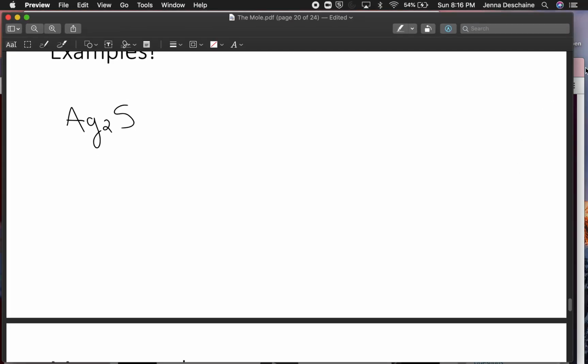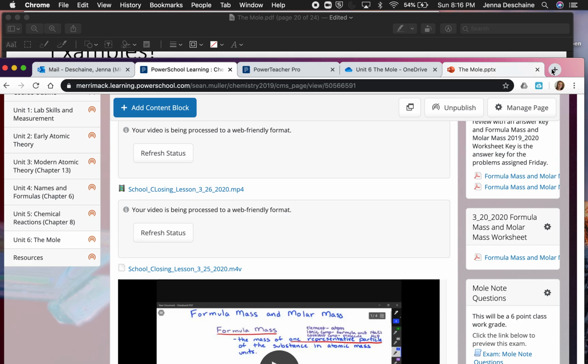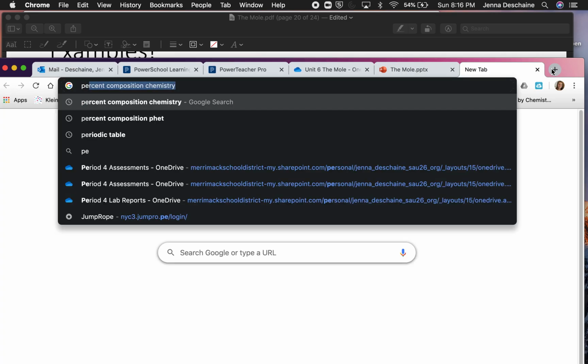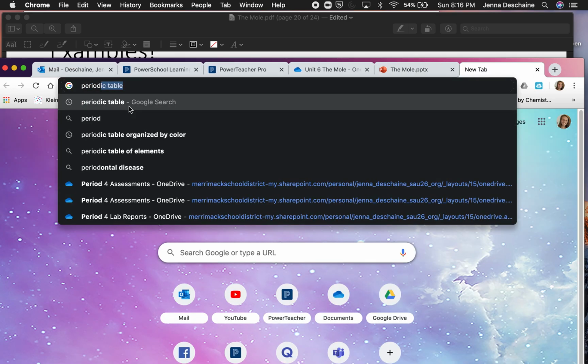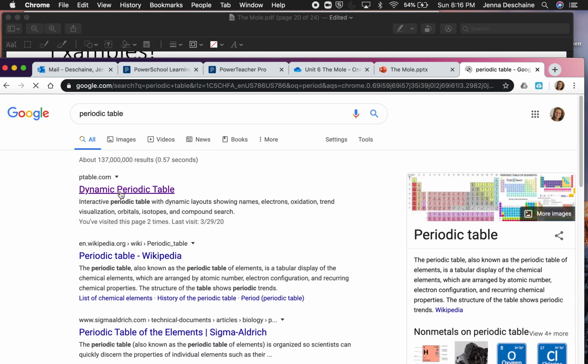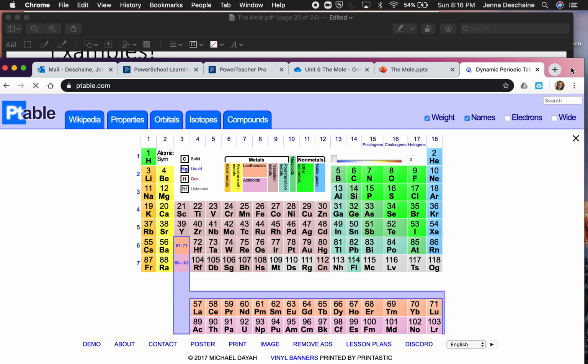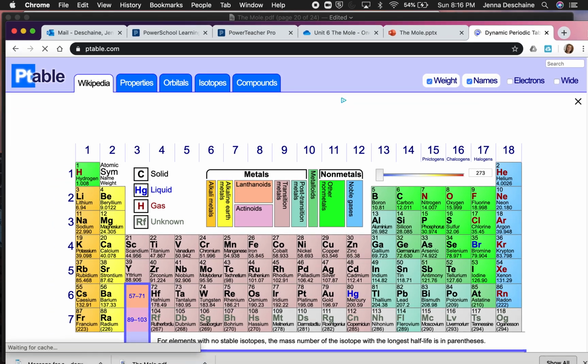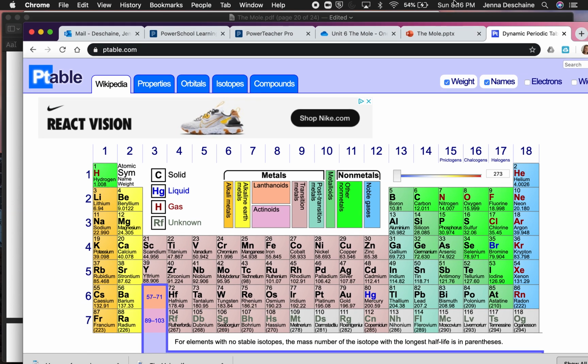All right, so I want to go over a couple examples because this can be a little bit tricky. But first, I need to pull up the periodic table. Right here, this has been my favorite one recently, the dynamic periodic table. It has such a cool name, and it's a cool periodic table. So this is kind of like last week when we were using the periodic table.